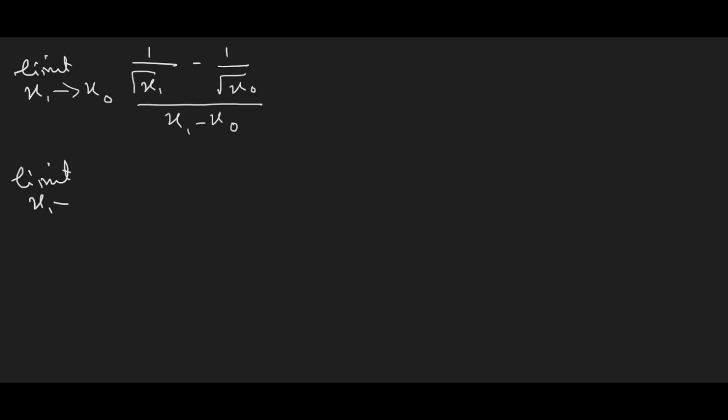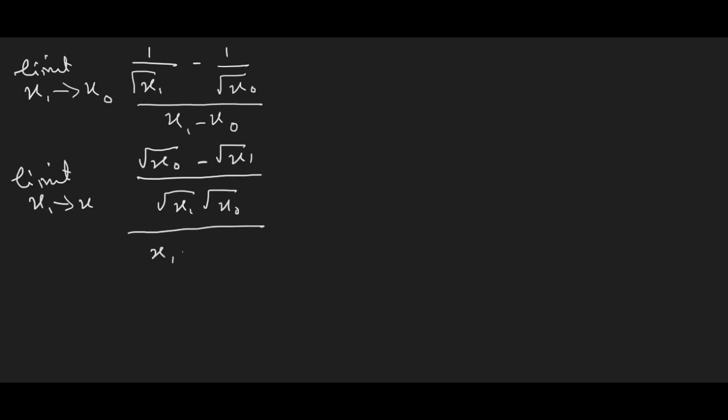Now take limit x1 approaches to x naught, and we are going to take the LCM here. Under root x naught minus under root x1 over x1 under root x naught, and whole divided by x1 minus x naught.